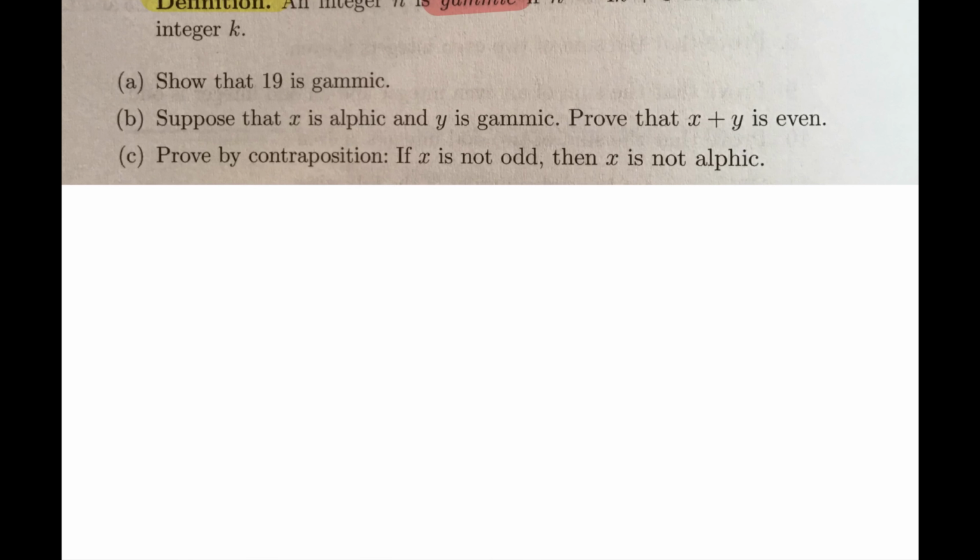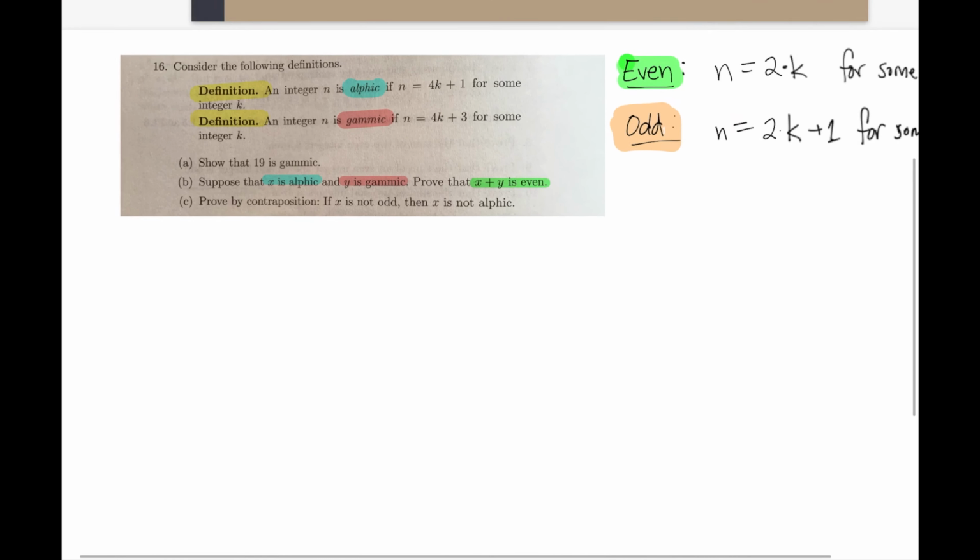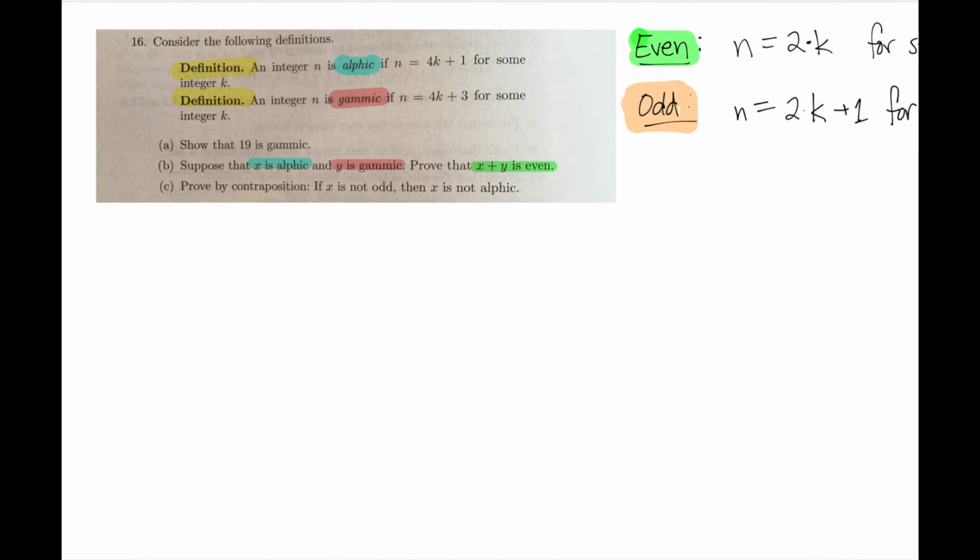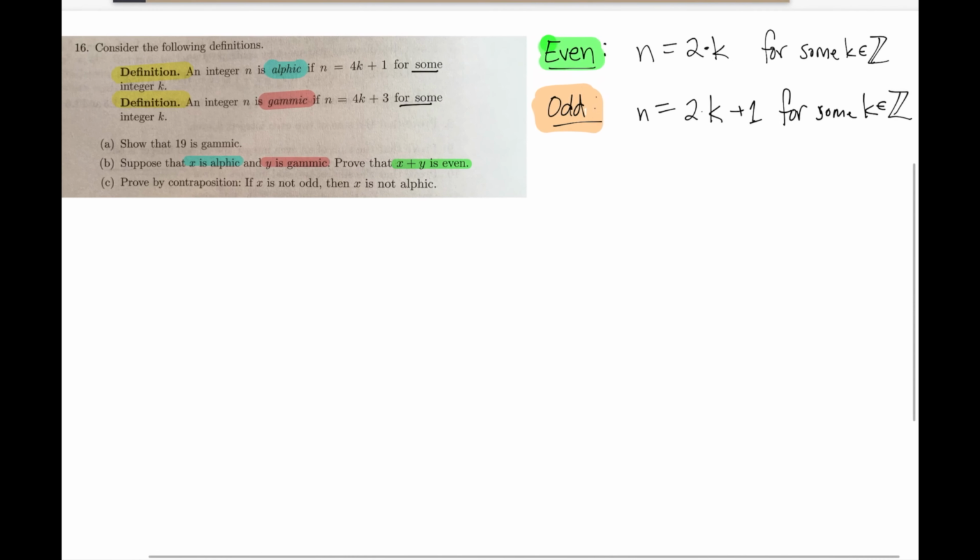Part B is a little bit more involved. We've got a proof here. We're supposed to suppose now that we've got an alphic number x and a gamic number y, and we're supposed to show that x plus y is even. So we've got 3 different definitions to juggle here, and something to be aware of is that we just care about it being for some integer k, for some integer k, for some integer k.